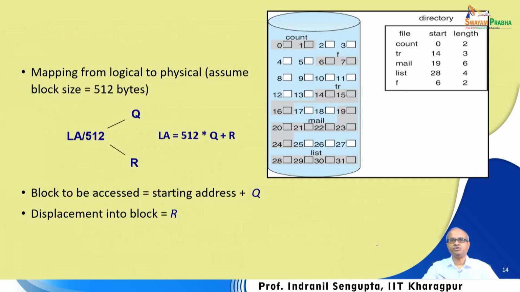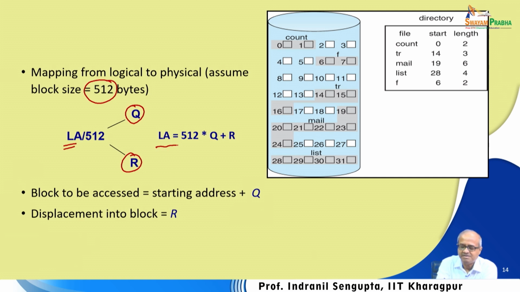Pictorially you can show it like this. Let us say we have a very simple example: let us take block size as 512 bytes. Whenever you want to access some particular byte in the file, let us say the logical address, you divide it by 512, take the result after division and also the remainder.